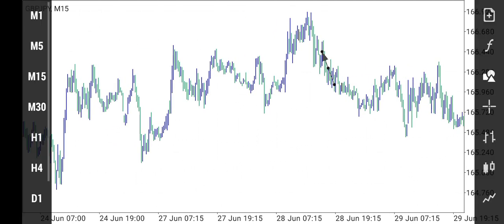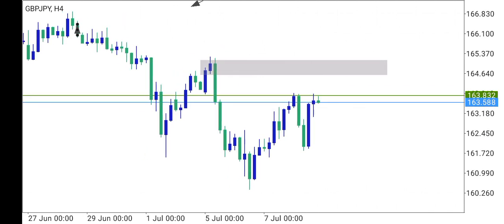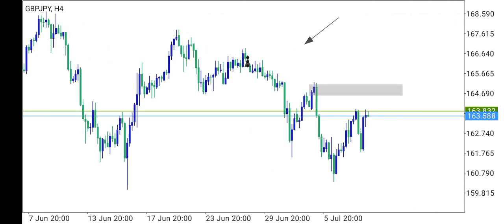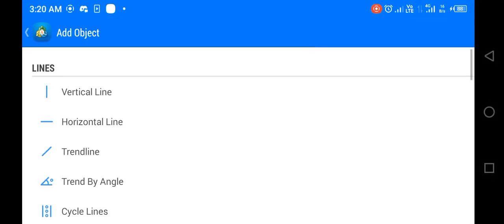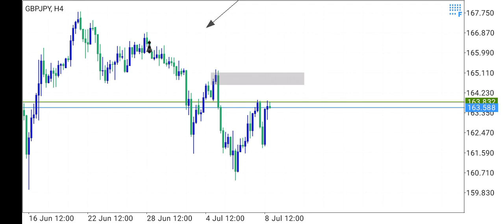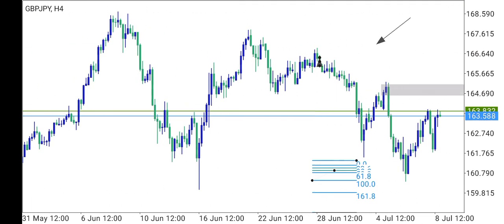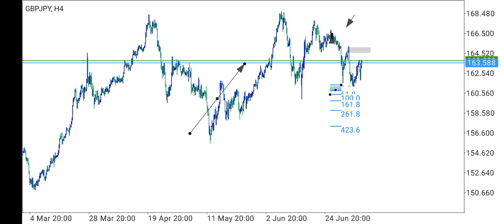Then another thing I want to discuss here is fib: how to get our zones and how to know where price will reverse from. Now let's use fib to know our levels of retracement. As you can see here, price was moving in an uptrend.